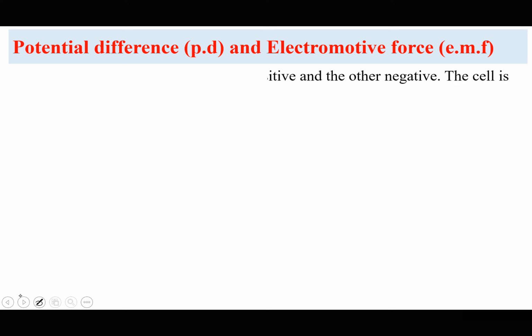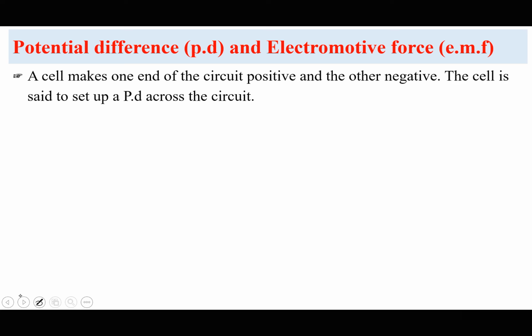So we know that a cell makes one end of a given circuit positive and the other end negative. So when you connect a cell and complete the circuit, one end of the circuit is positive and the other end is negative. So we say the cell has set up what we call a potential difference. We would say an electric field has been set up.